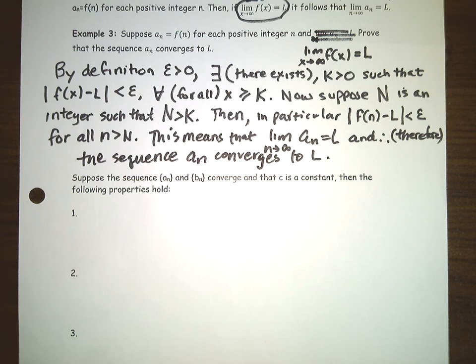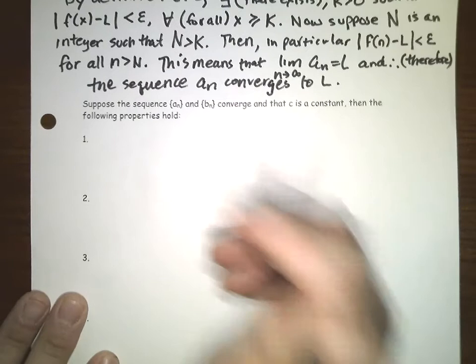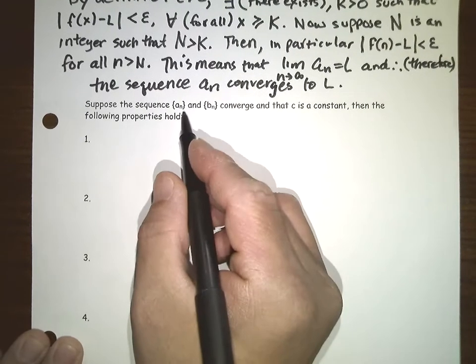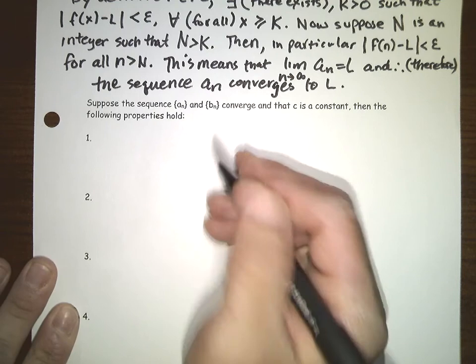So let's give the properties here, and then we'll do a few examples. So suppose that the sequences a n and b n converge, and that c is a constant, then the following properties hold.